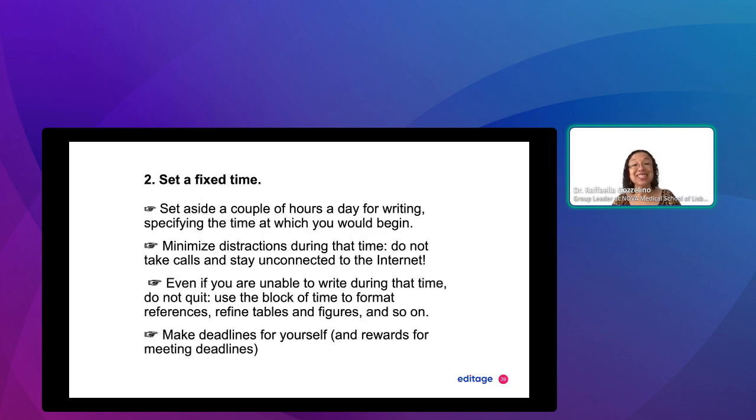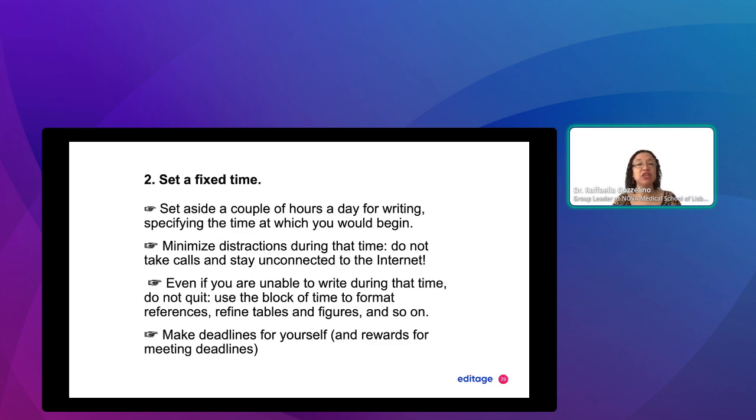So then set a fixed time. So imagine that you dedicate a specific time per day to write a specific part of your manuscript, minimizing all distractions during that time.